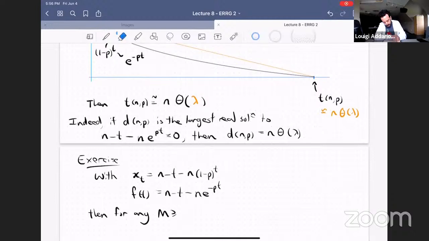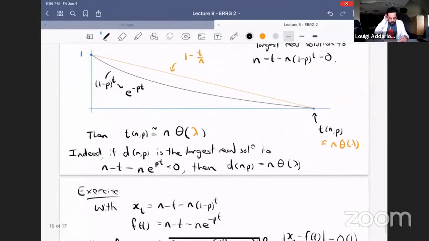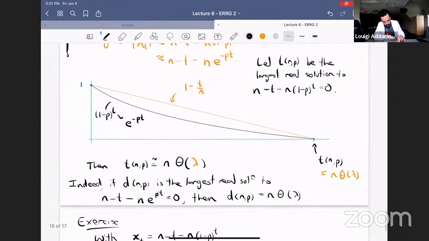For any positive m, the difference between the two functions, uniformly in p at most m over n and times between 0 and n, is order 1.